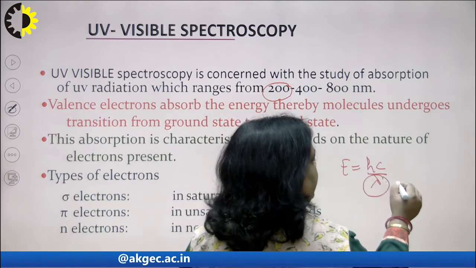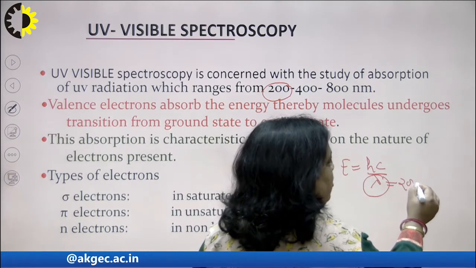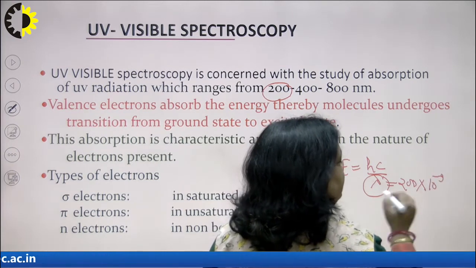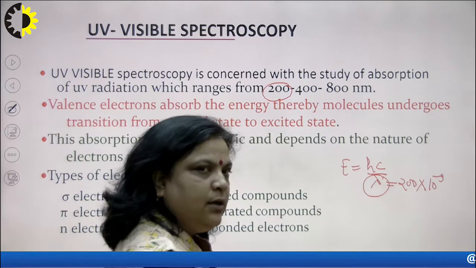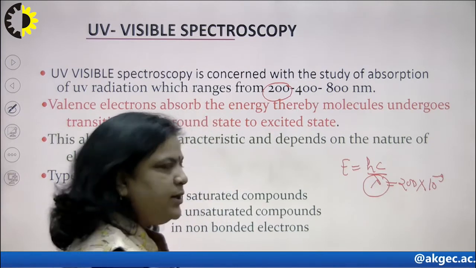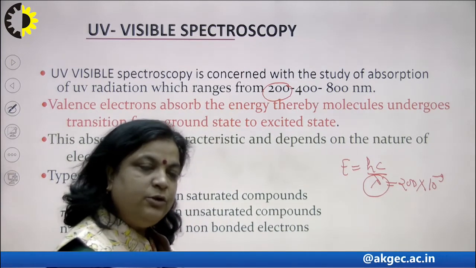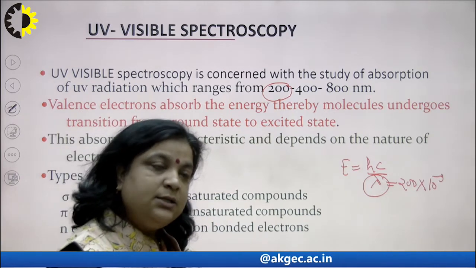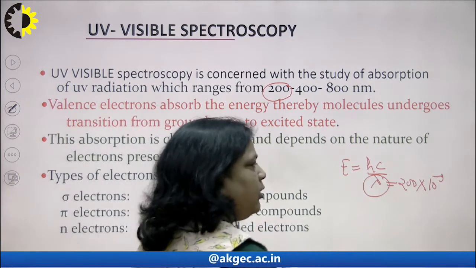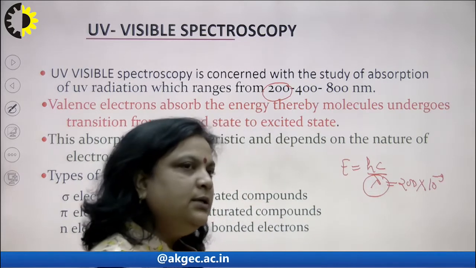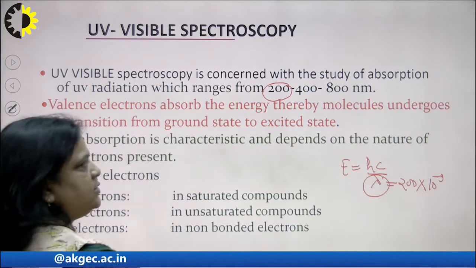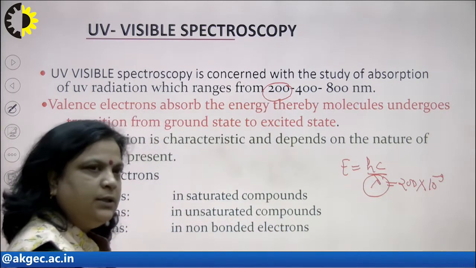Here we put lambda as 200 nanometer, but not in nanometer; we can write 200 into 10 to the power minus 9 meter or 10 to the power minus 7 centimeter. Planck constant is 6.626 into 10 to the power minus 34 joule second, and c is 3 into 10 to the power 8 meter per second. So, either keep all values in meter or in centimeter; the units should be the same. By this way we can calculate the energy associated with 200 nanometer.